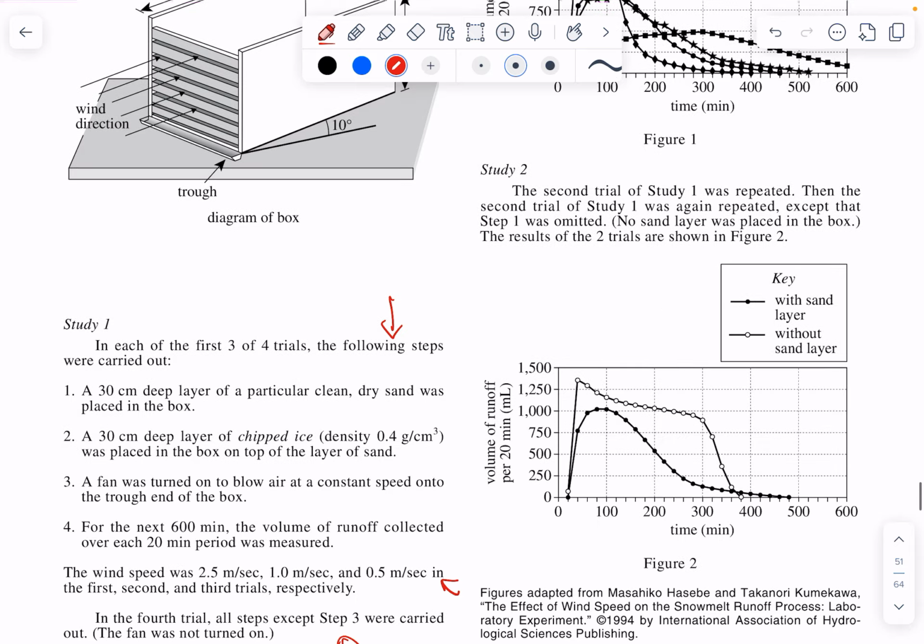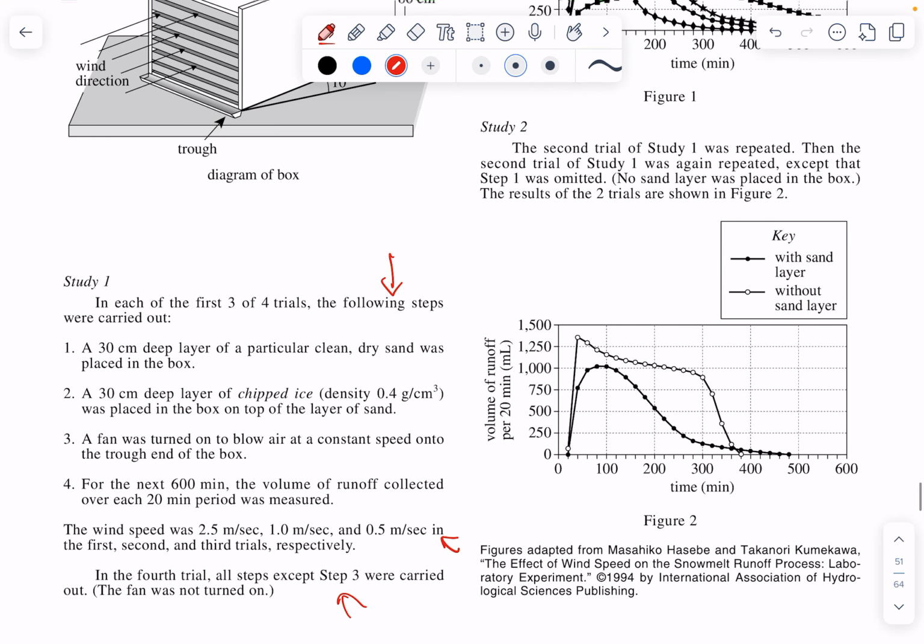The second trial of study 1 was repeated. Then the second trial was again repeated, except that step 1 was omitted, no sand. Okay, so they run it with sand and without sand. And you can see that without sand, it melts a little quicker.